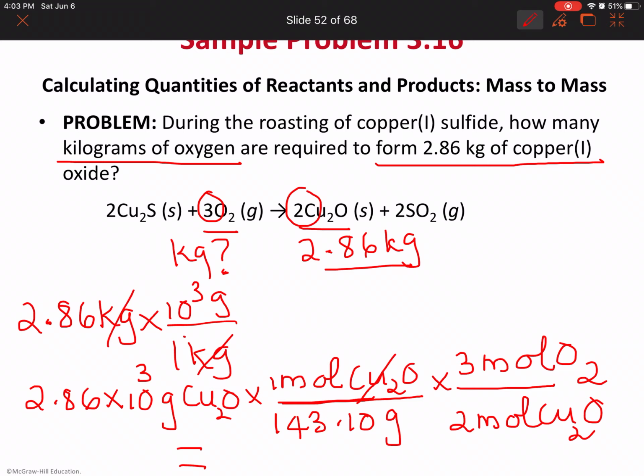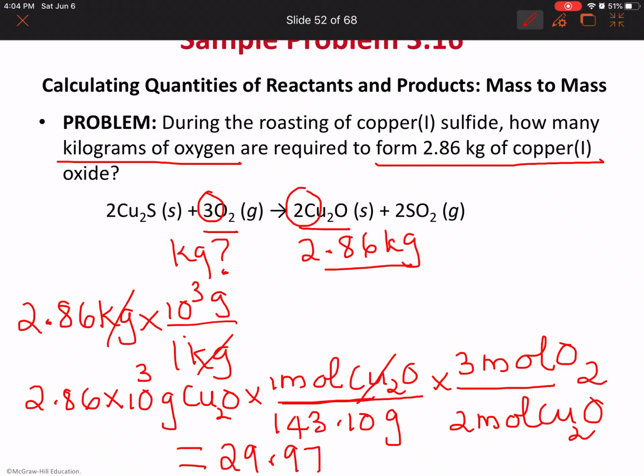We do the calculation: 2.86 times 3 over 143.1 over 2, 29.97.